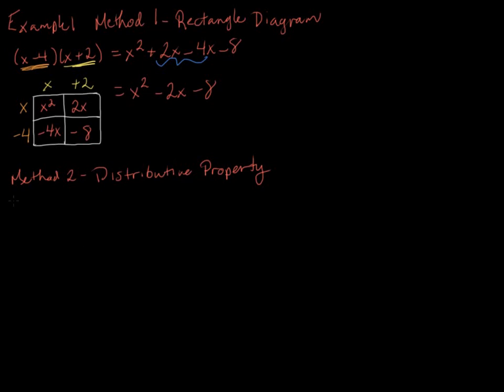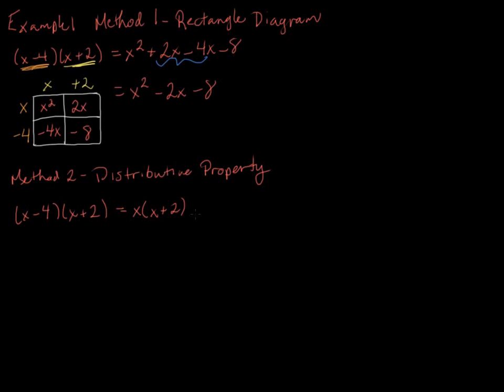So if we have our example again, we have our x minus 4 times our x plus 2. That tells us that the distributive property states that x minus 4 times x plus 2 can be rewritten as x times this whole term, x plus 2, and we're going to add that to minus 4.